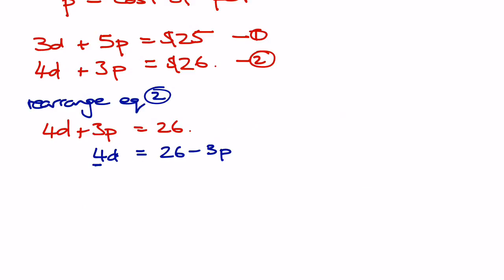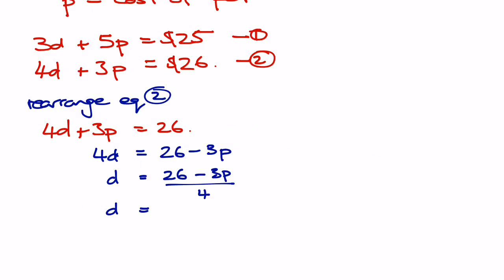Then we want to get rid of the 4, so we divide both sides by 4, which gives us 26 minus 3P, all divided by 4. Now, there's our equation 3, but it's not really nice, so we're just going to plug these numbers into a calculator and turn them into decimals straight away.